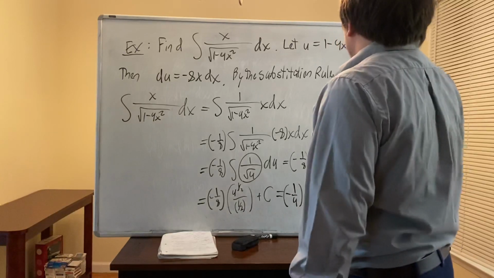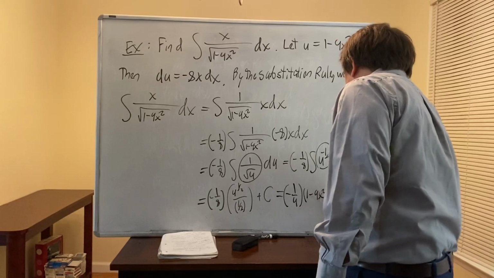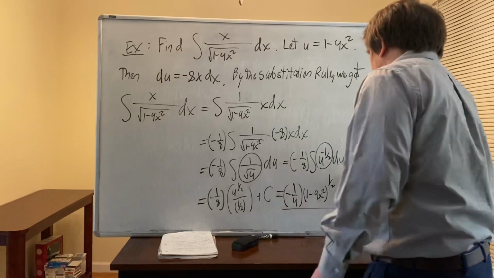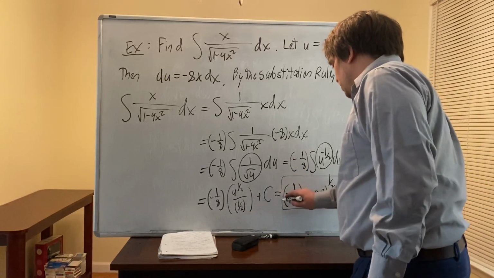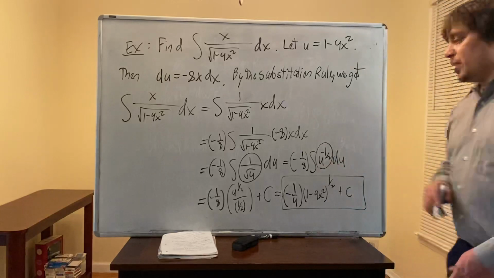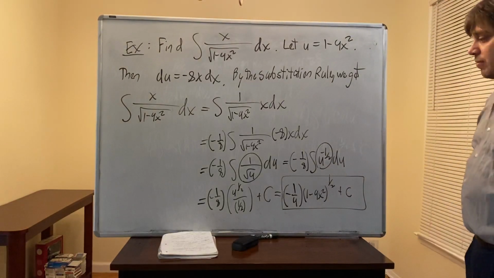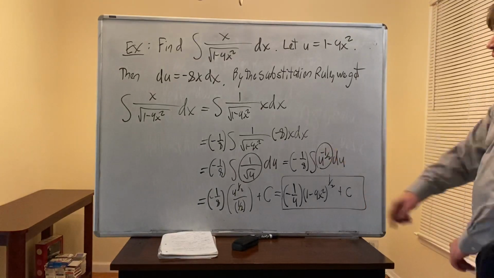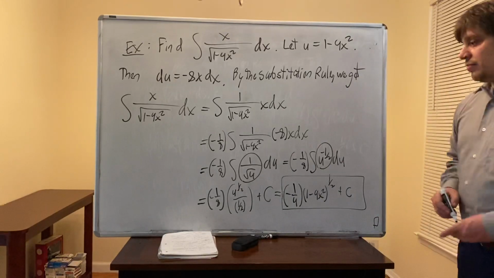So u is 1 minus 4x squared, so that's negative 1/4 times 1 minus 4x squared to the 1/2 plus c. Okay, so that integral is equal to that. Good.